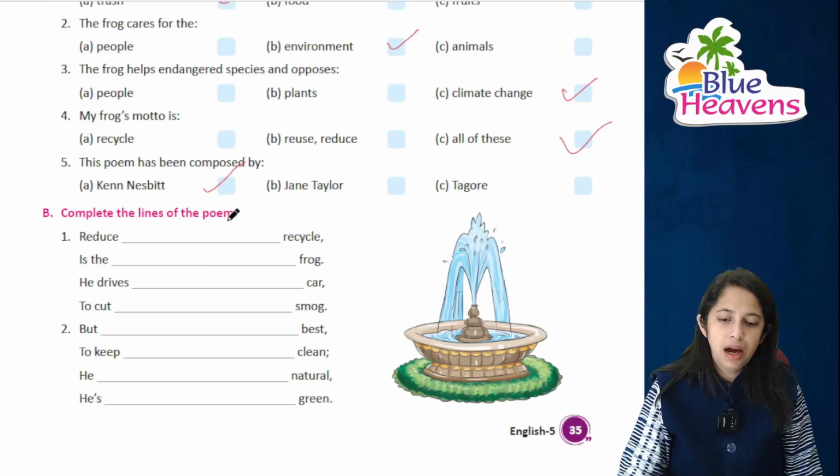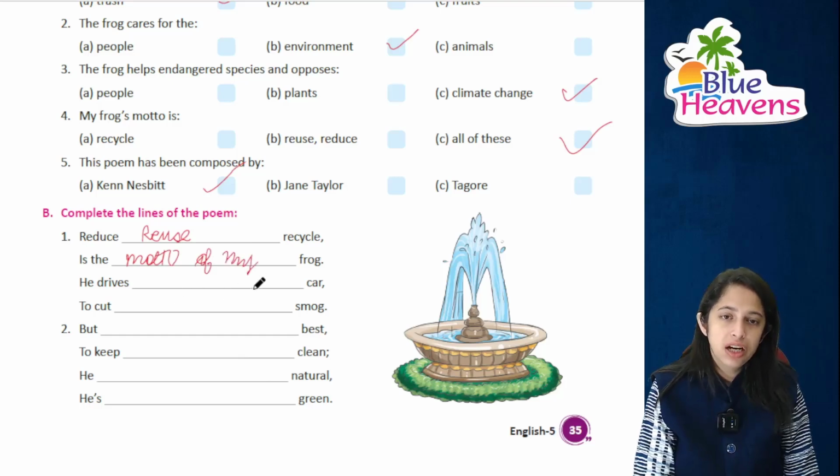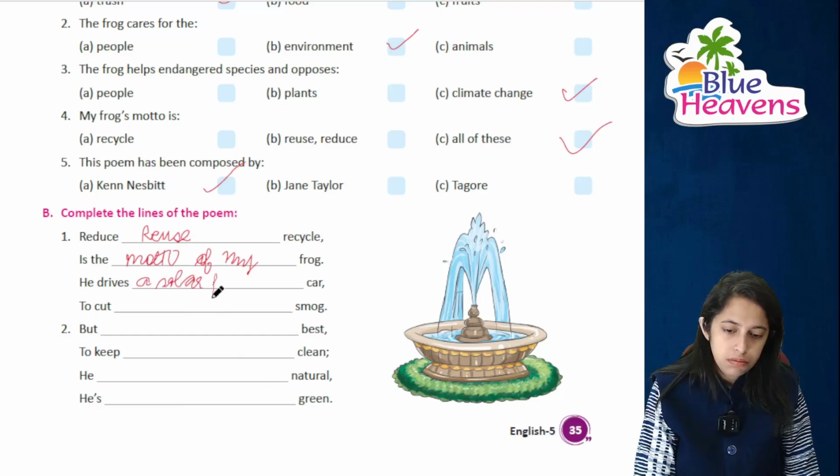Moving on to the complete the lines, first we'll reduce, then we will reuse, and then recycle, right? He drives a solar power car, to cut back on the smog, right?